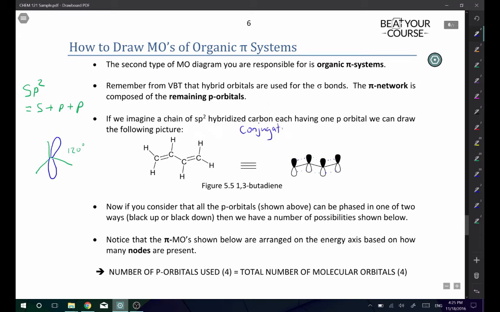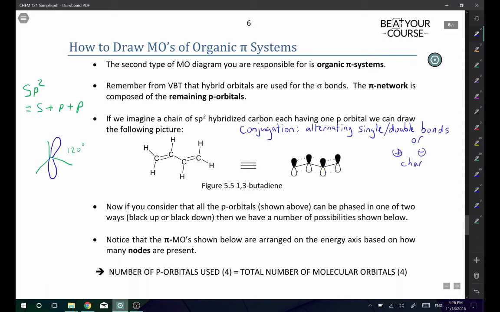Conjugation means alternating pi electrons, or alternating single and double bonds. It can also mean you have charge in there as well. So instead of a double bond, you can also have a positive or a negative charge.